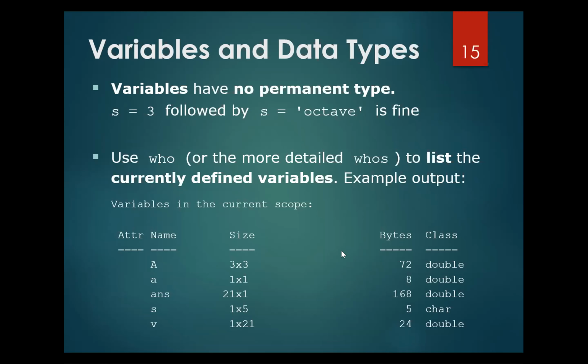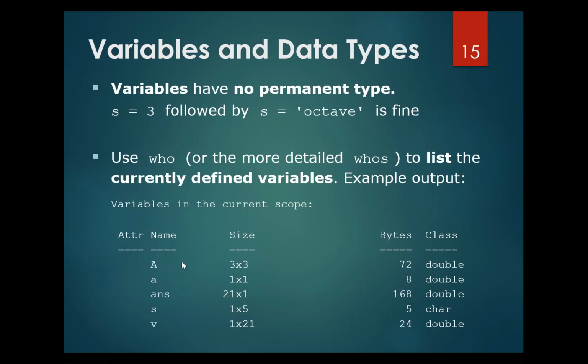And if you have a variable and want to know the details about that variable, which we call the scope of the variable, you use the word who. And if you want more details, you use whos. And that will list the current variables that you have defined in Matlab as you use it, and give you certain information about it, like the variable name, the size.